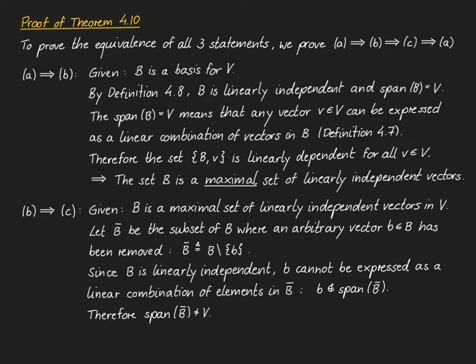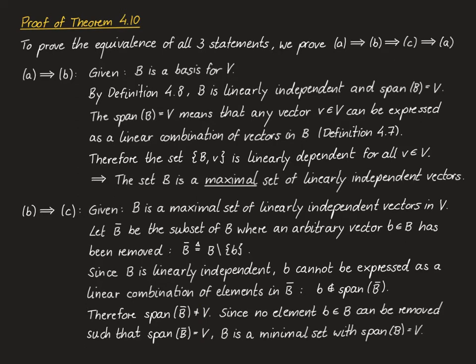Therefore, it follows that the span of B bar is not equal to the entire vector space V. Since apparently no element b of the set B can be removed such that the span of the remaining set B bar still equals the entire vector space V, it follows that B must be a minimal set whose span is equal to V.